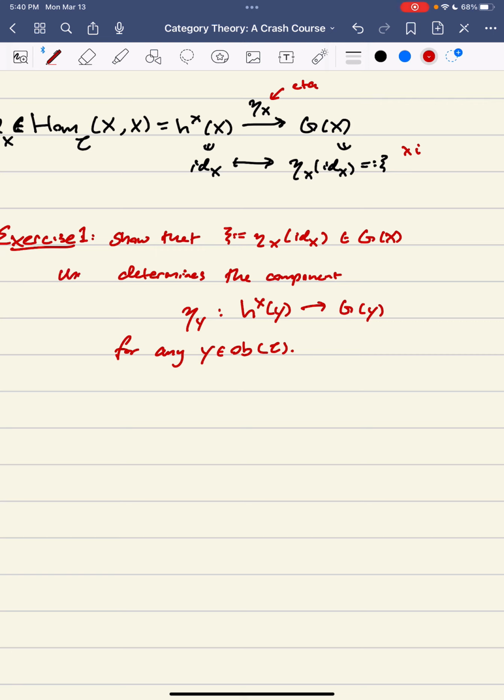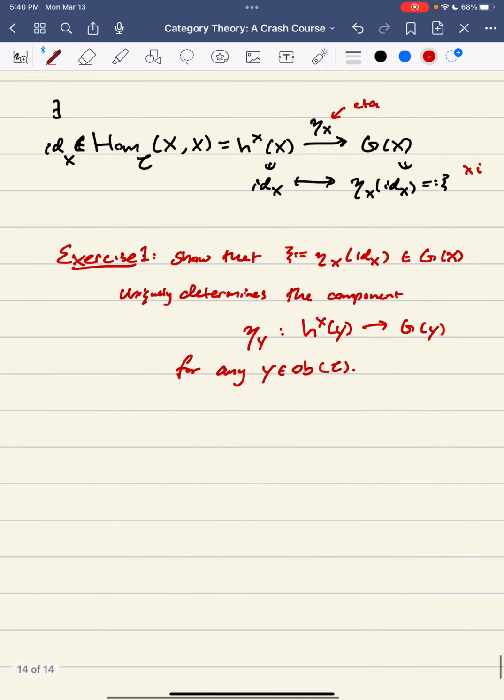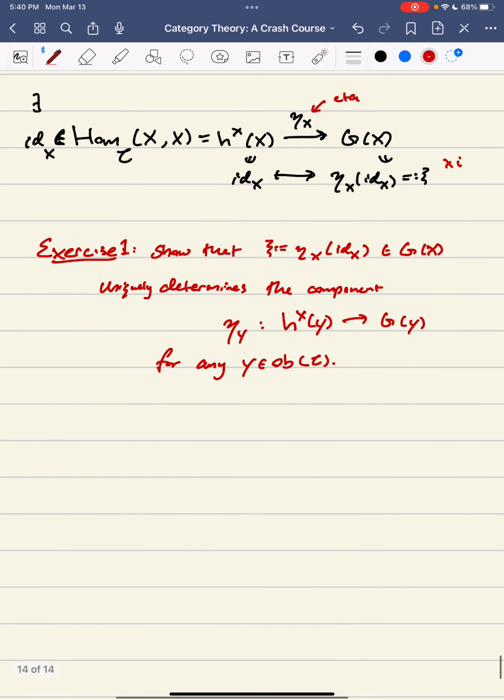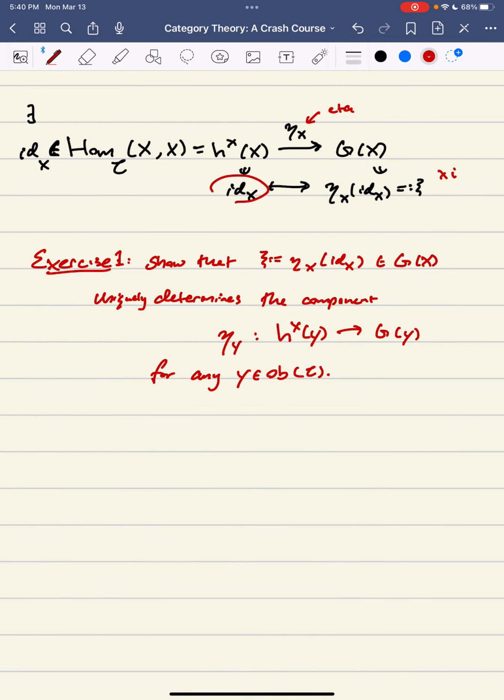So I'll say it uniquely. So in a sense, if you understand what happens to the identity on x, you understand what happens to every other morphism from y to x.